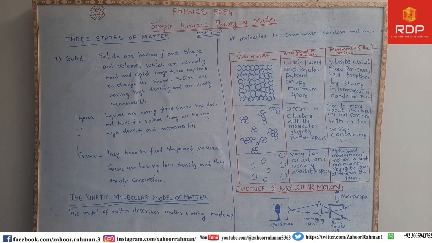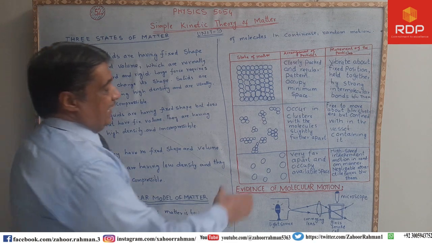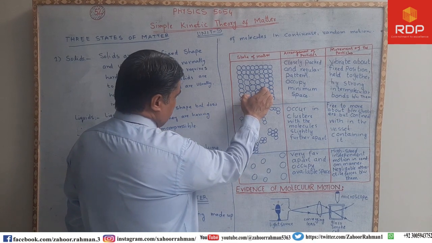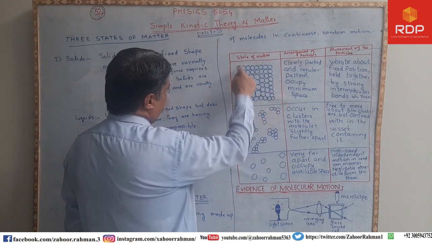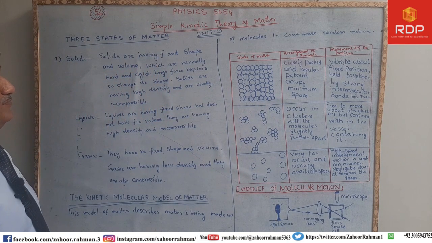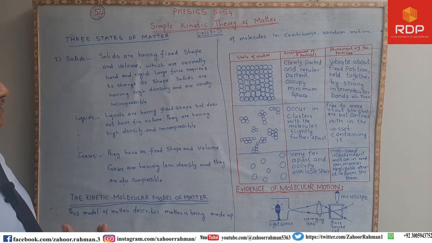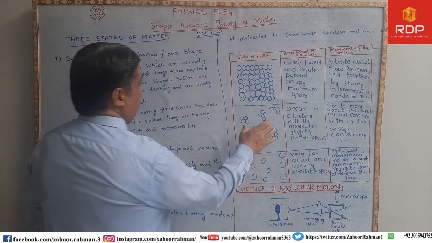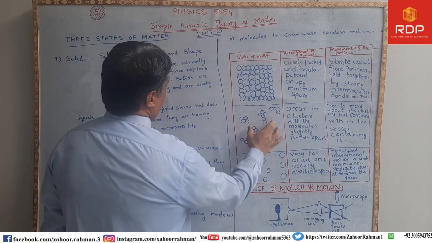Solids have high density, yes, because they are closely packed together. High density means that mass per unit volume will be more as compared to this shape.